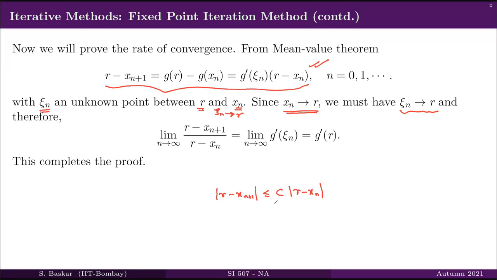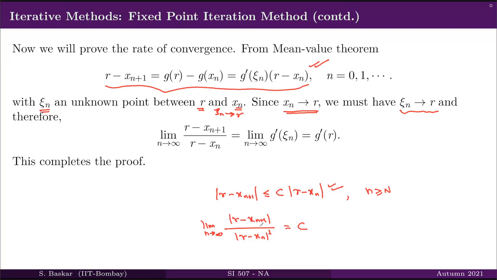That is why we always say that the order of convergence, if such an inequality, or in particular, if you have r minus xn plus 1 divided by r minus xn, limit n tends to infinity, because generally we impose this condition for large n, that should be equal to a constant, right? Any of this, if you follow, it means the least order is 1, okay?